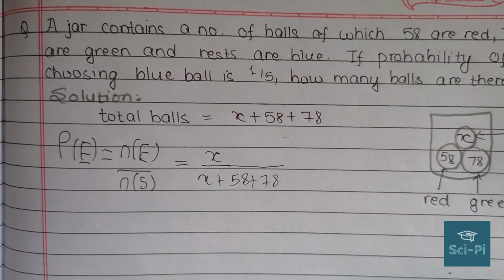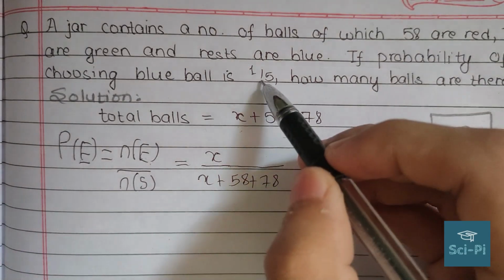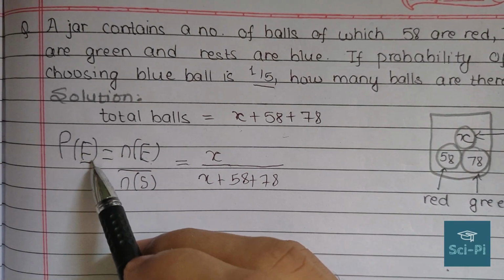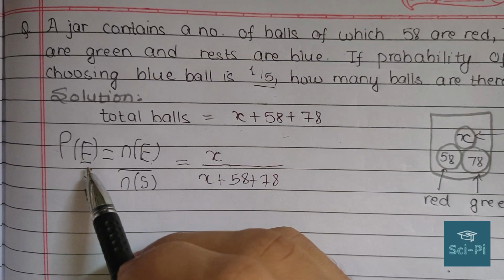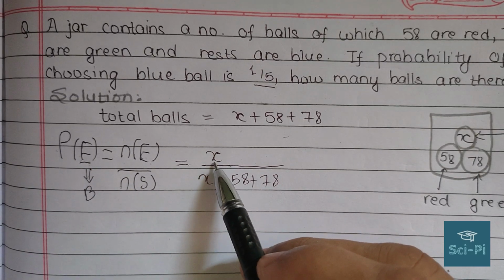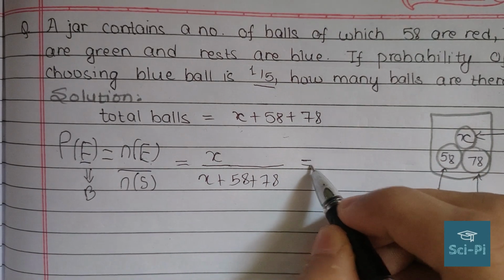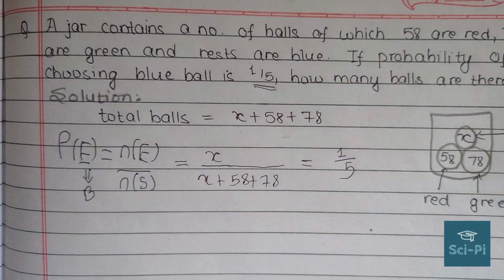Now we have been given that this value will be equal to 1 by 5. The probability of picking blue balls, where E represents blue balls, is equal to X over X plus 58 plus 78, and this value will be equal to 1 by 5 as mentioned in the question.